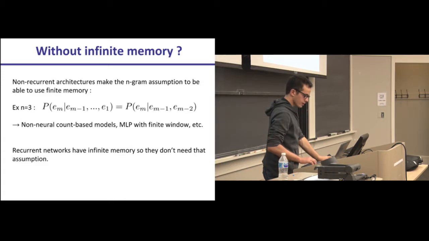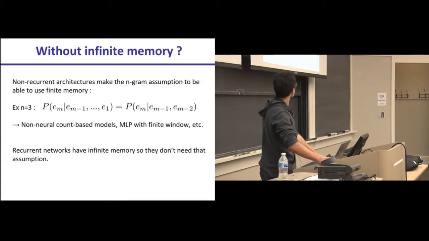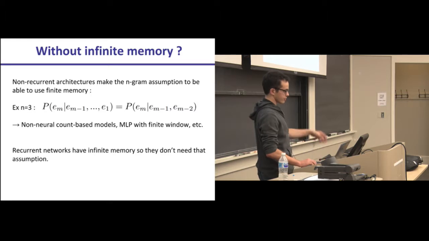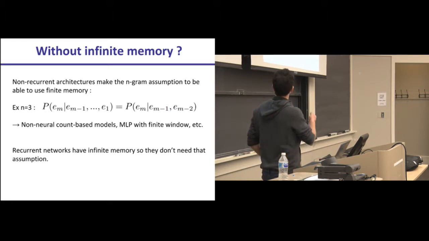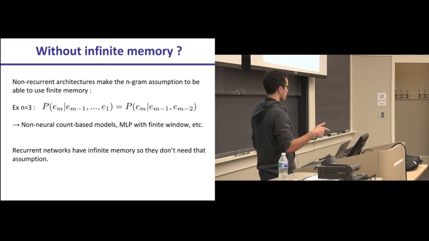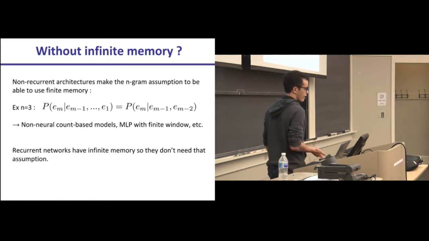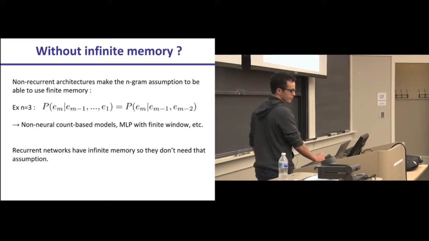All right, so just out of curiosity, RNNs can do that pretty well because they have infinite memory. When you want to predict EM with respect to everything that was before, you need to know everything that was before, so you need infinite memory for that. But when you don't have that, you usually use the n-gram assumption. If you've done any NLP, you know what an n-gram is.